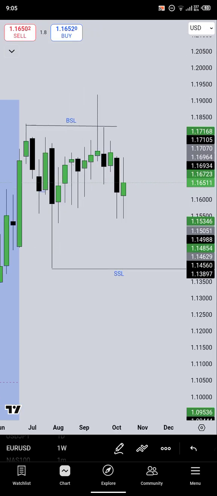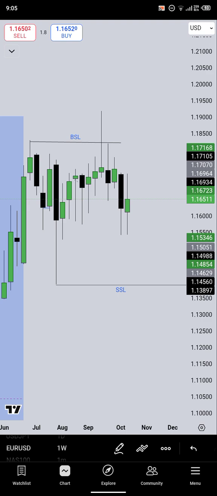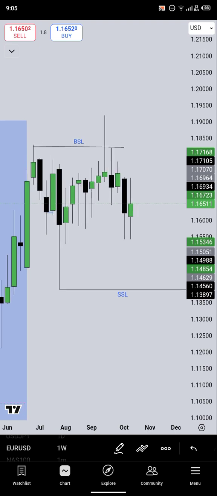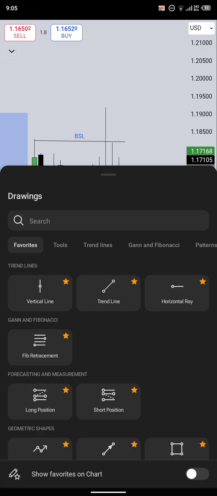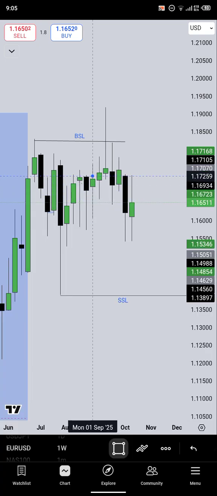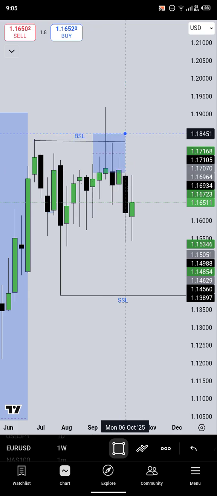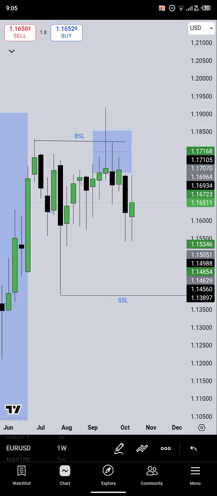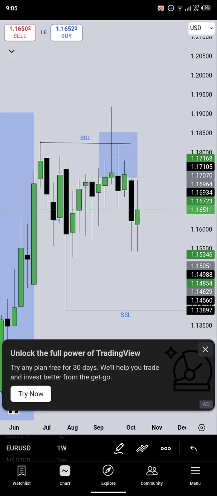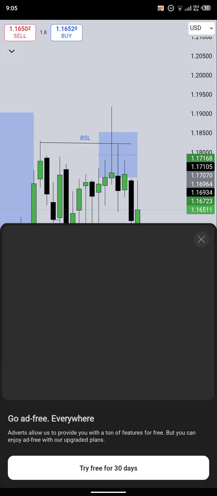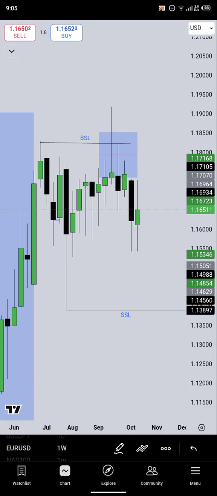If we look at this buy side liquidity, the way it was taken out, we see that in this area on the weekly chart, all the bodies of the candles within that area closed below the liquidity, and only the wicks of the candles went above the liquidity.